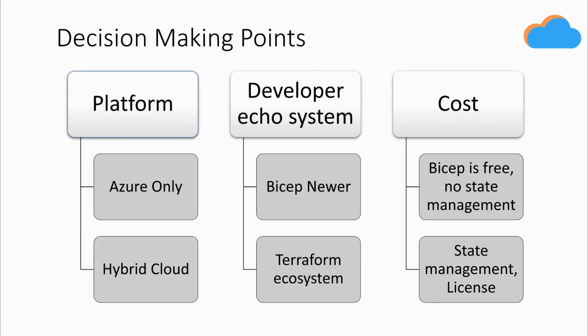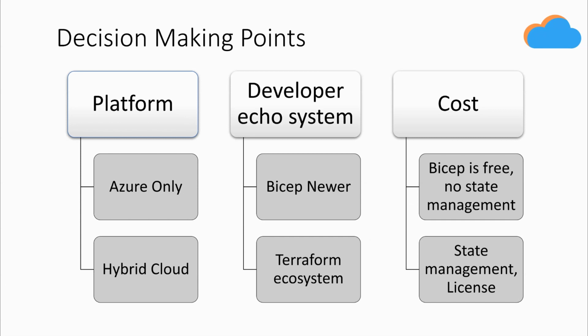And now comes the decision-making process. If you're looking to choose any infrastructure as code tool, the biggest deciding factor will be whether you are an Azure shop, or you are a hybrid cloud, or you have an on-prem system. If you're an Azure shop and you think you will not move to any other platform, then it's a no-brainer, you just go with Bicep, because Bicep gives you a lot of free, easily available templates, and you can use them.